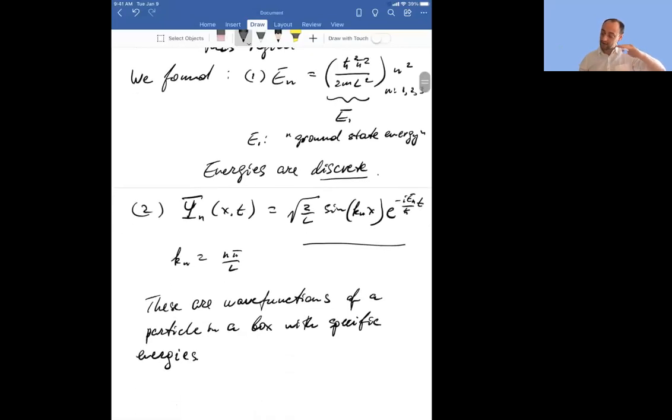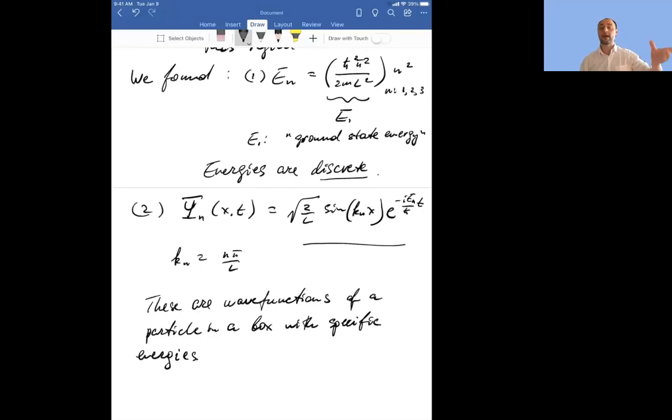if a particle is described by either psi1 or psi2 or psi3, its energy is correspondingly E1 or E2 or E3. A general wave function can be a superposition of these, but then it doesn't correspond to a pure energy state. It doesn't correspond to a well-defined energy.